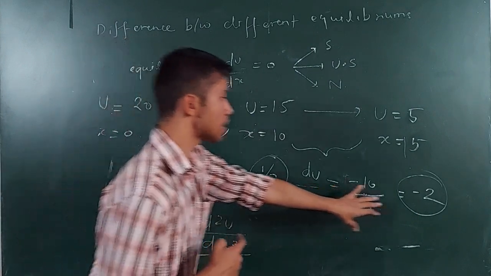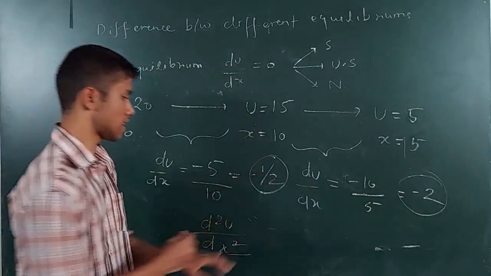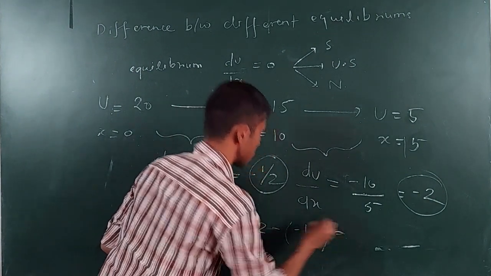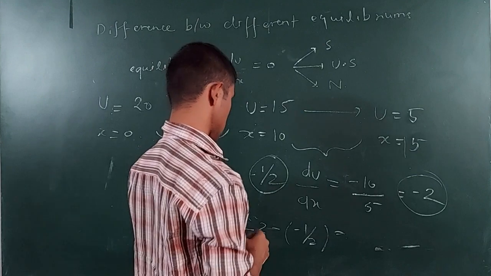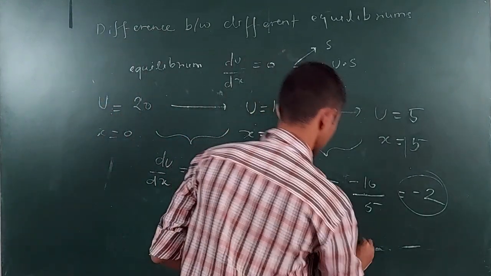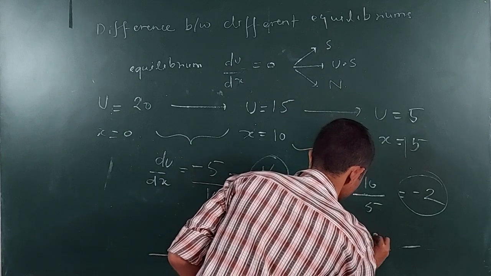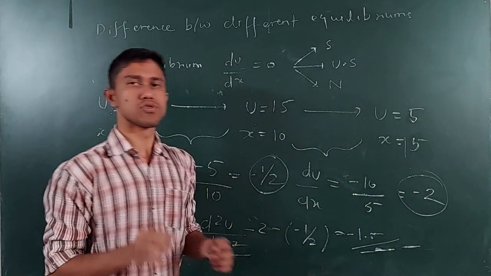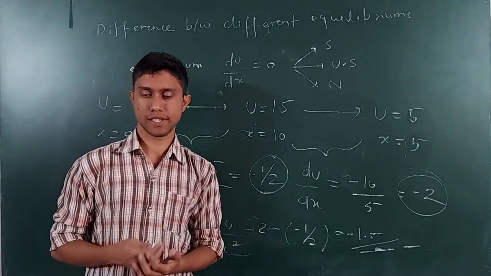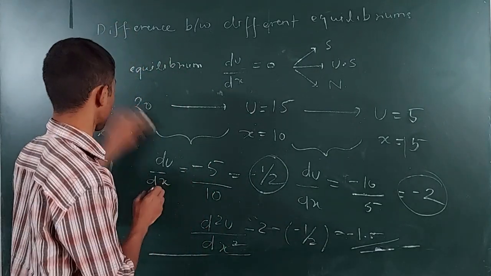So simply I can write minus 2 minus of minus half, so it is minus 2 plus half, which will be minus 1.5. So in this way we have come from u to d square u by dx square. I hope you understood.